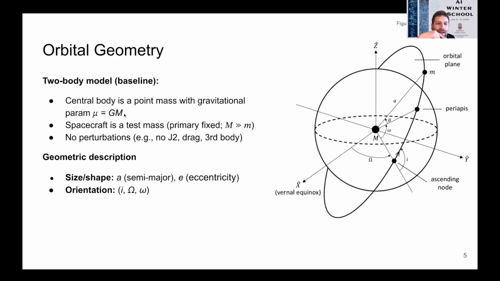And then, there are no additional complications we're going to assume that would be present in real life. So things like J2, which could be due to a non-spherical shape of our central mass, atmospheric drag, or third or more bodies in our system. Because that would be a level of complexity that's beyond what we're looking for in this demo in the workshop.